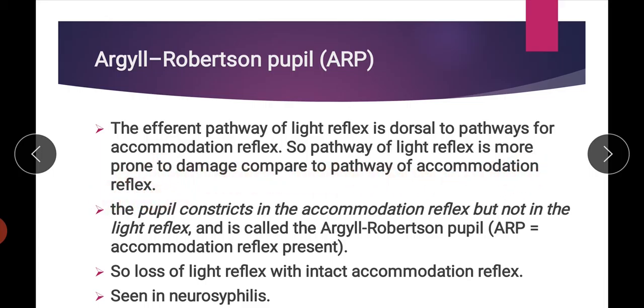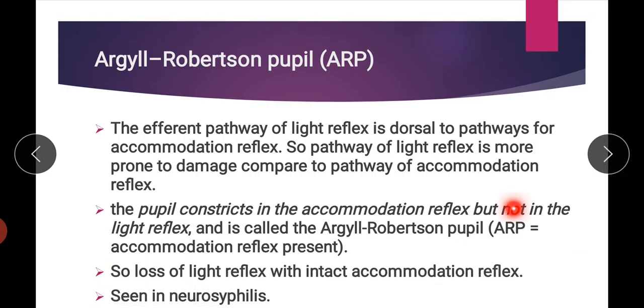So in some particular condition the pupil constricts in accommodation reflex but not in the light reflex, and that condition is known as Argyll-Robertson pupil, ARP.